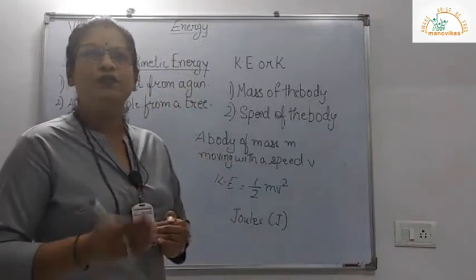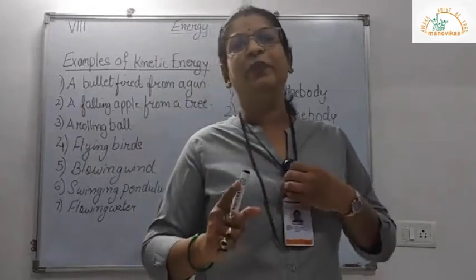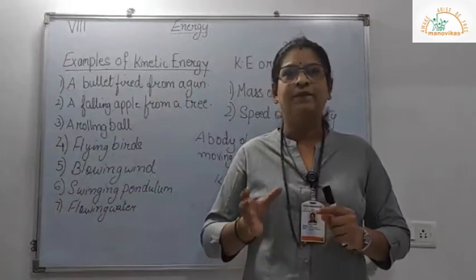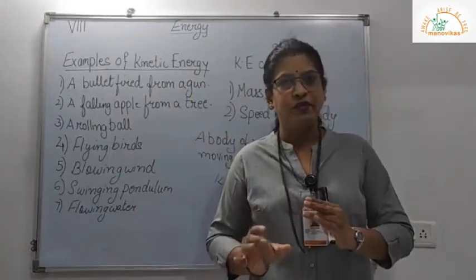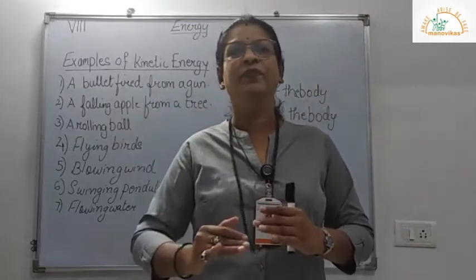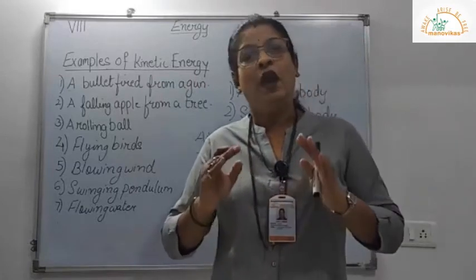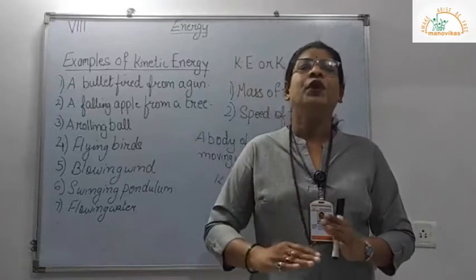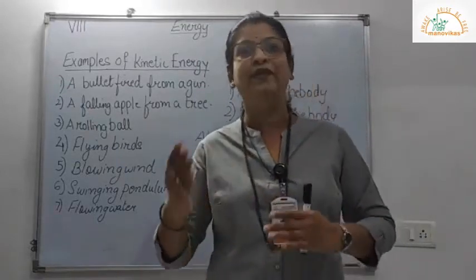Now you will observe that if the striker is hit with little effort, the coins which it strikes cover a small distance. But if the striker is hit with more effort, the striker gains more kinetic energy.